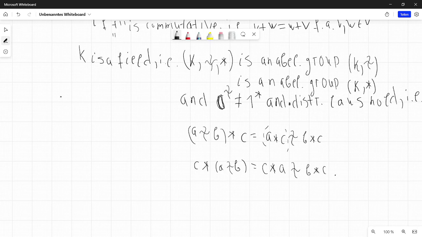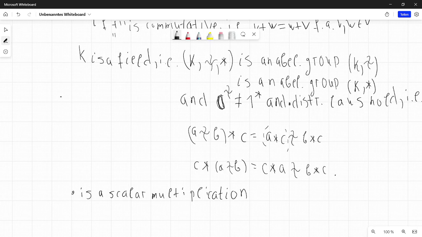And finally, the last ingredient, dot, is scalar multiplication. The field is sometimes called the field of scalars.